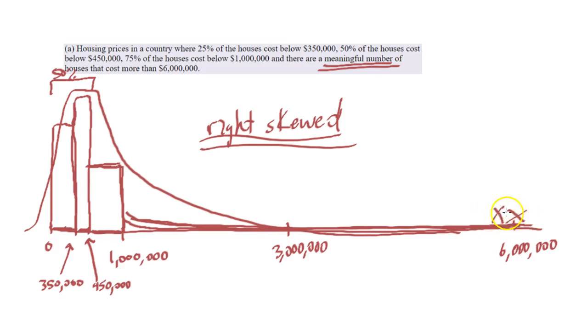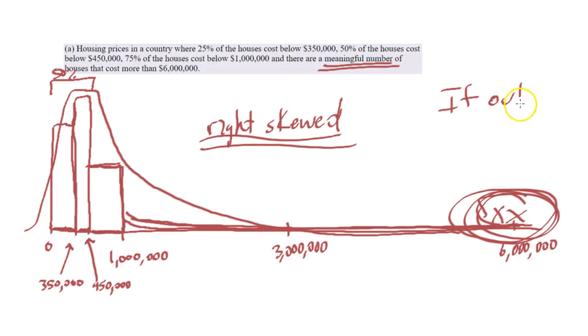So we need to figure out, are there outliers in the tail of the data? Not all right skewed data has outliers. Some do. If there are outliers, then you need to use the median.